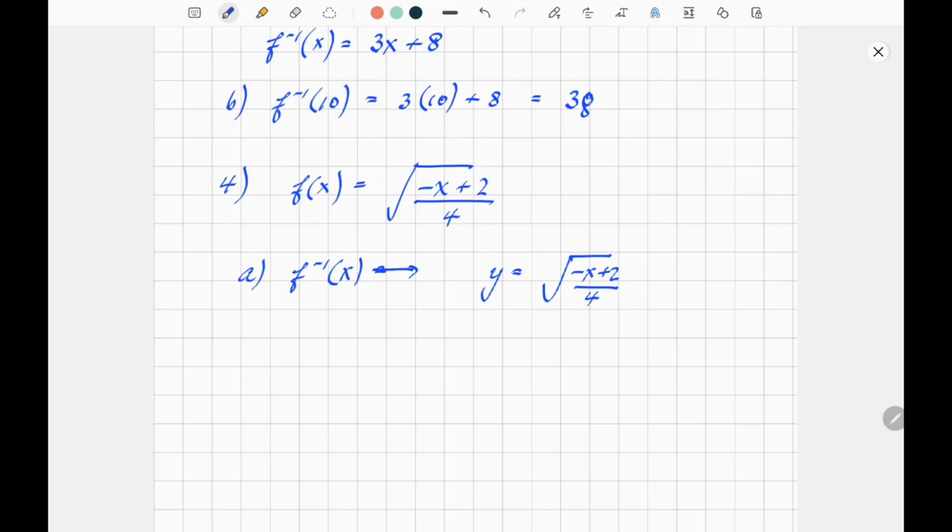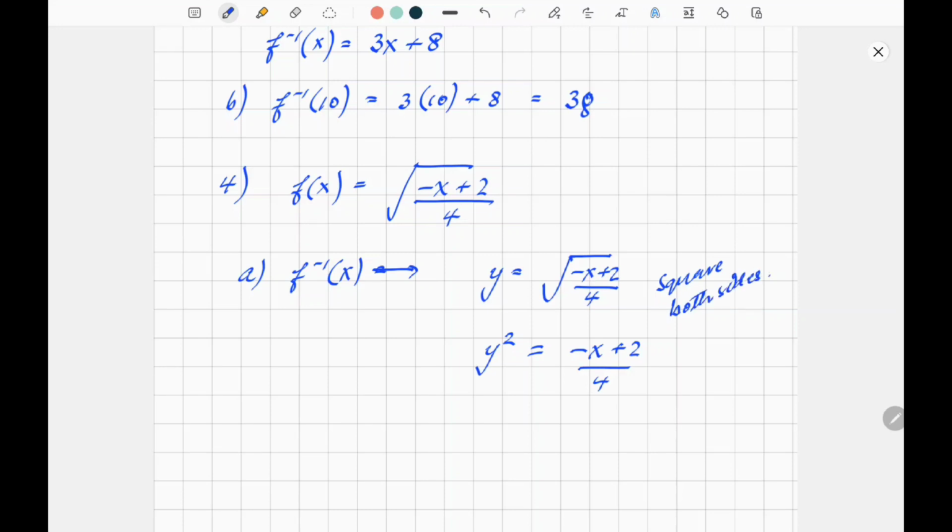So what you're going to do is not square root the y, but square the y, i.e. you're squaring both sides. That gets rid of the square root sign. Does that make sense? That's what I meant. I think I said it wrong. No problem. Square both sides.